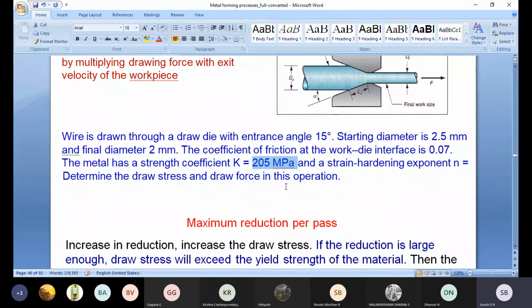Like that you can find force, stress, and strain. How much angle you can maintain depends upon the diameter of wire and the diameter of rod. Based on that diameter, you can maintain the die angle or taper angle.